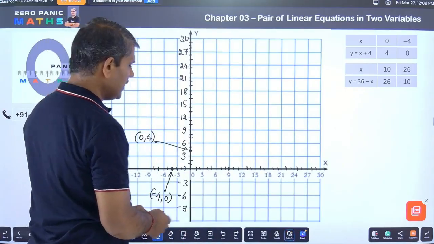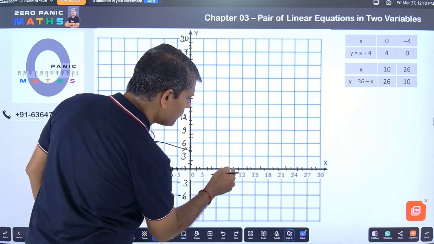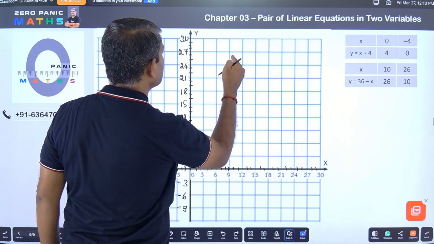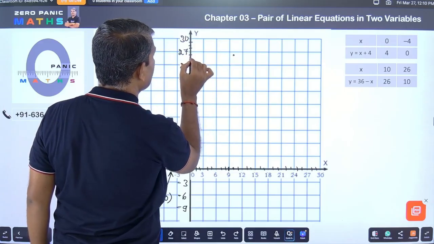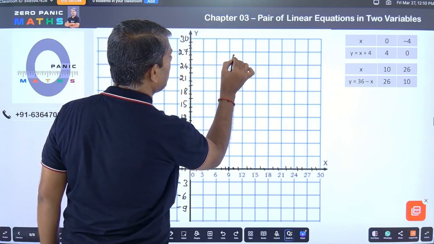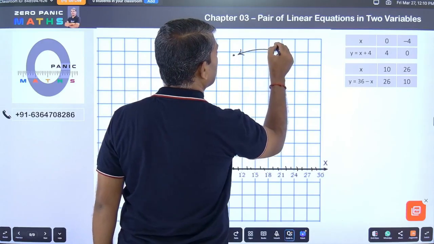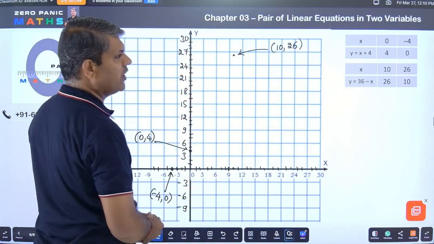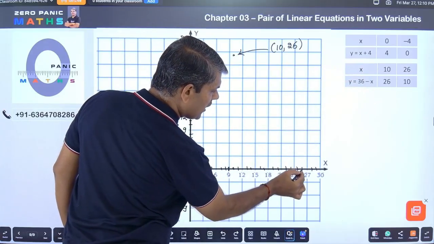Okay. So let us quickly draw the coordinates of the second equation. 10, 26. 10 is somewhere here. So this is 9, 10, plus 10 for x coordinate, and 26. Where is 26? 26 is this point. Here 27, so one less than that. So somewhere here I can get 26. So what is this point? It is 10 and 26 y coordinate. Now similarly 26 as x coordinate comes somewhere here.